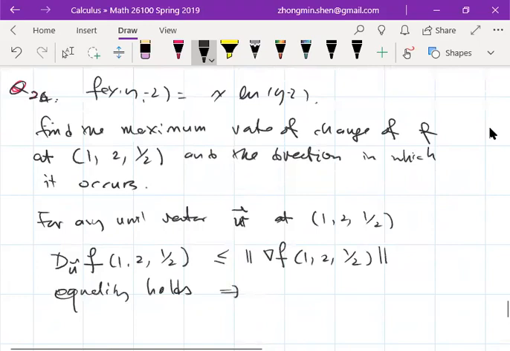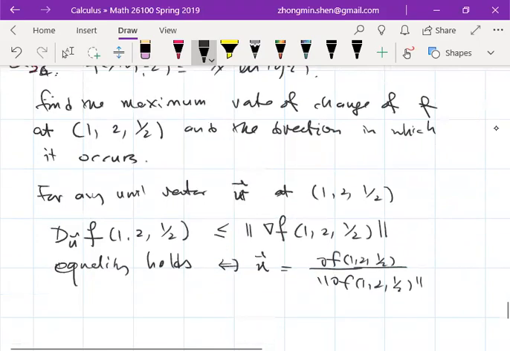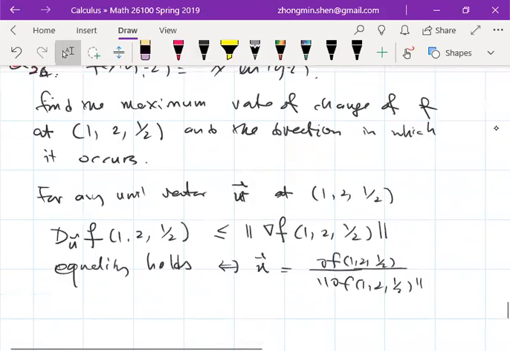You have to normalize it. So it's clear that you just need to find the gradient, and it's easier. Then normalize it, you get the direction.